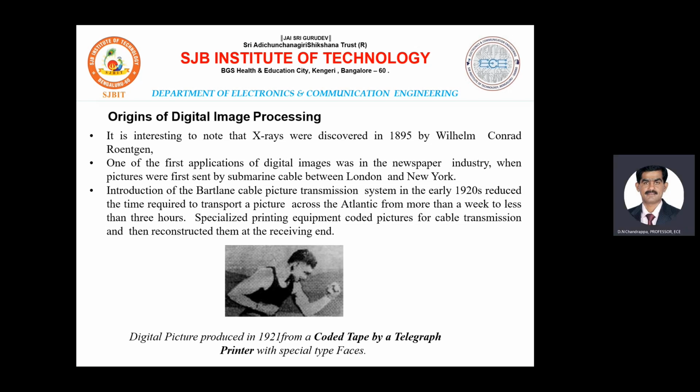Then I will come to the literature survey of image processing. When image processing started is explained with respect to the origin of digital image processing. Basic image processing was introduced in the year 1920, and before that it was discovered in 1895.